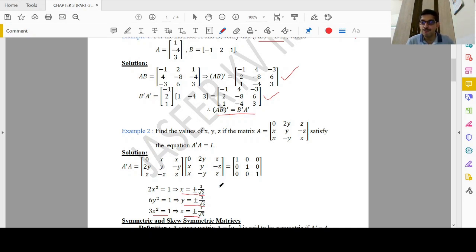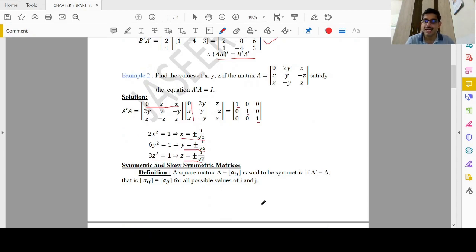So you need to verify the diagonal elements, since the diagonal elements of the RHS are 1, 1, 1. To get the diagonal elements on the left hand side, you need to multiply first row, first column, then second row, second column, similarly third row, third column. So those 3 will give you the values of x, y and z.